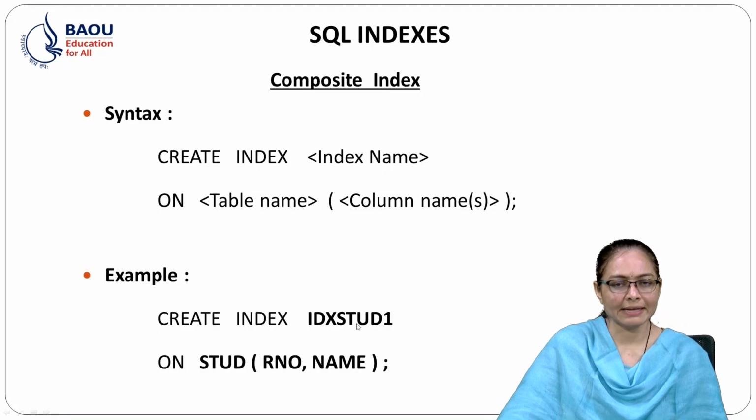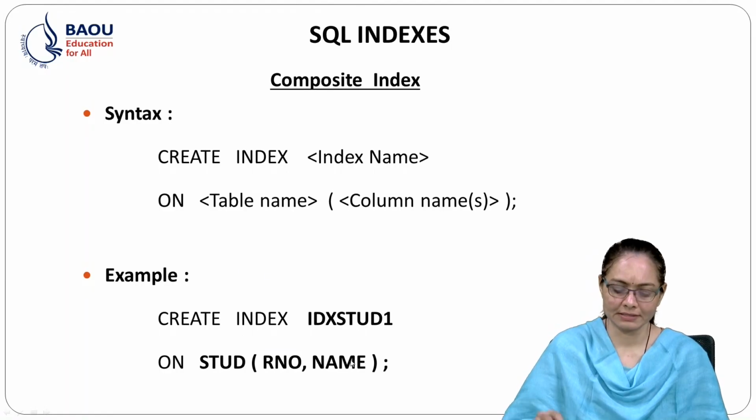So IDX_stud1 is the index name, and this index is created using a combination of both roll number and name from the student table. So this is one single index, but it uses both the columns. When we use more than one column, it is called a composite index.